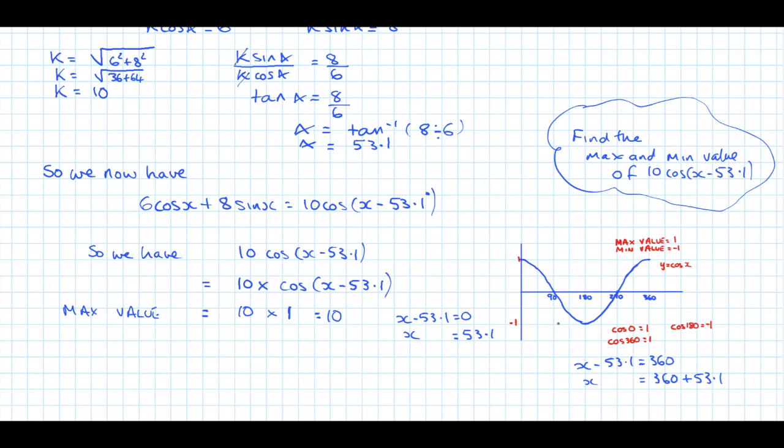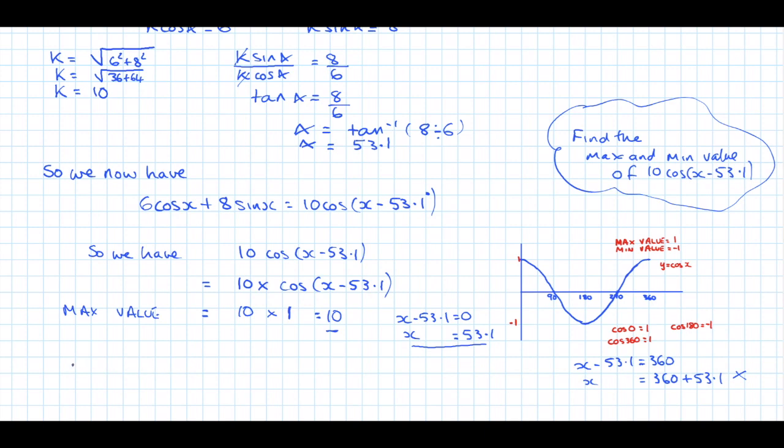The domain was between 0 and 360, so we are not interested in that. This is our value. X is equal to 53.1. So the maximum value, 10 times 1. When does the cosine have a maximum? Maximum is cosine of 0. So x minus 53.1 would have to be 0. X would be 53.1. So the maximum value is 10, and that occurs when x is equal to 53.1.